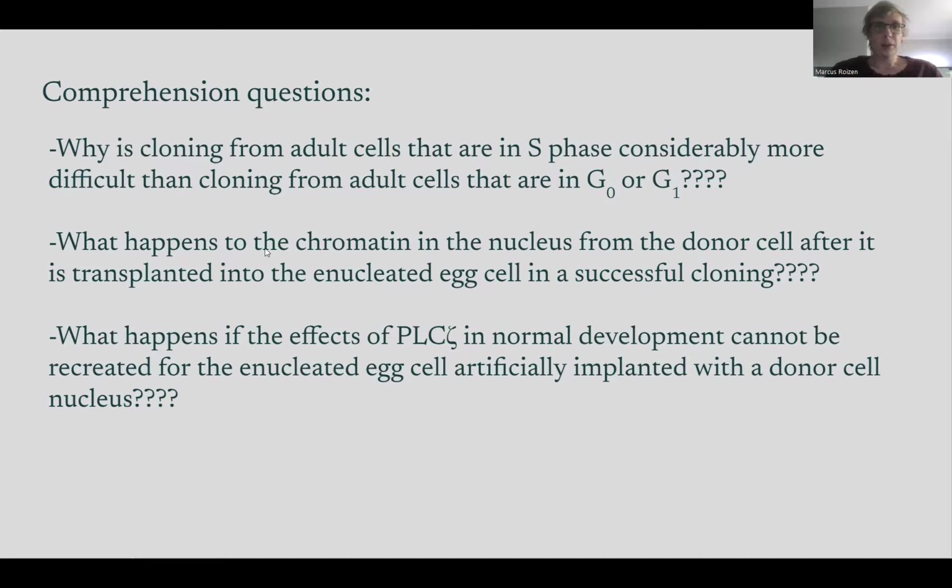What happens to the chromatin in the nucleus from the donor cell after it is transplanted into the enucleated egg cell in a successful cloning? And finally, what happens if the effects of PLC zeta in normal development cannot be recreated for the enucleated egg cell artificially implanted with the donor cell nucleus?